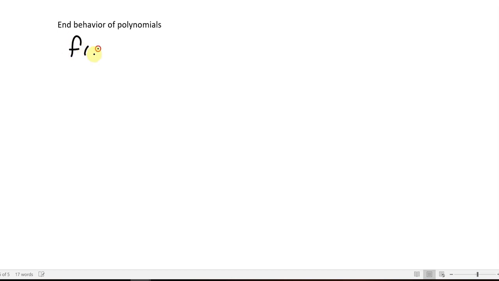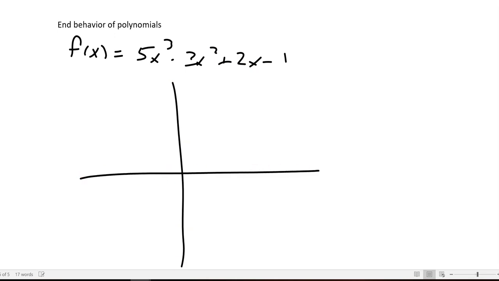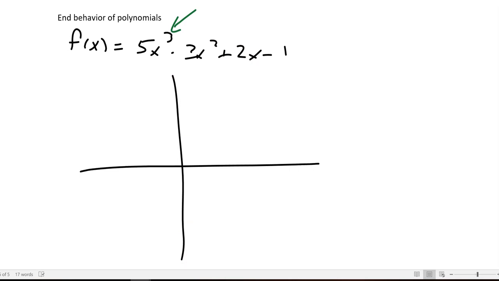Okay? So, as an example, if we have something like 5x cubed minus 3x squared plus 2x minus 1, because the highest exponent is 3, I know what happens on the edges of the graph.